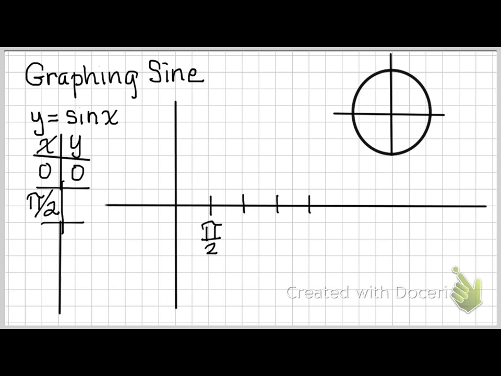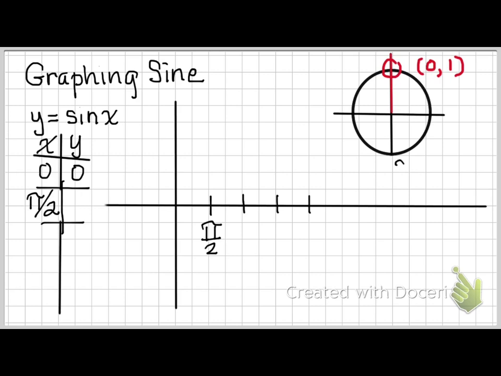Now if I look at a unit circle, I've got an angle rotating around, and I'm going to rotate up to pi over 2. And that's right there, vertically up. And I know what the coordinates of that point are on the unit circle. You can just look at your unit circle and see that the coordinates there are x is 0 and y is 1.